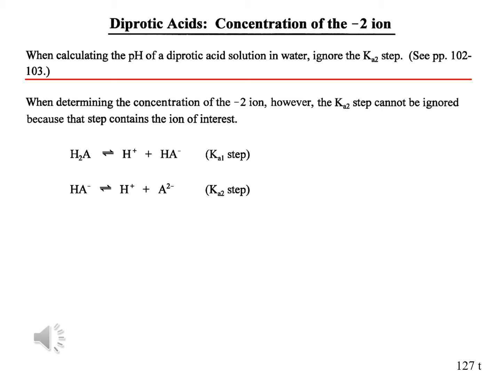But we calculated the pH of diprotic acids during that class. What I showed you is that for a diprotic acid, if you want to calculate the pH of it, all you have to do is use only the first step with the Ka from that step and do an ordinary weak acid problem just like you do with any other weak acid.